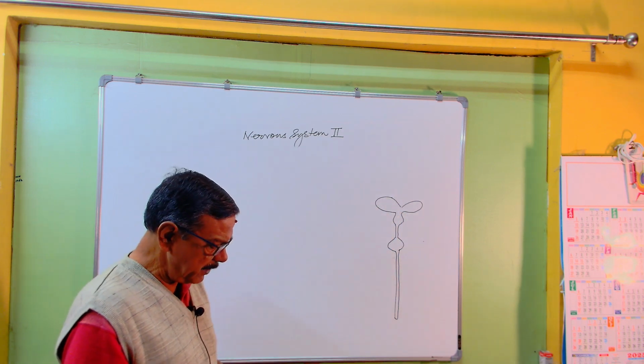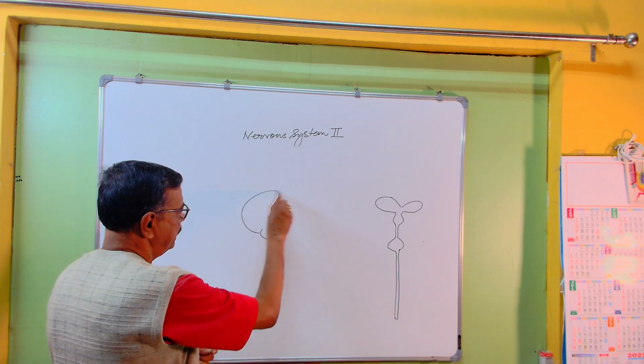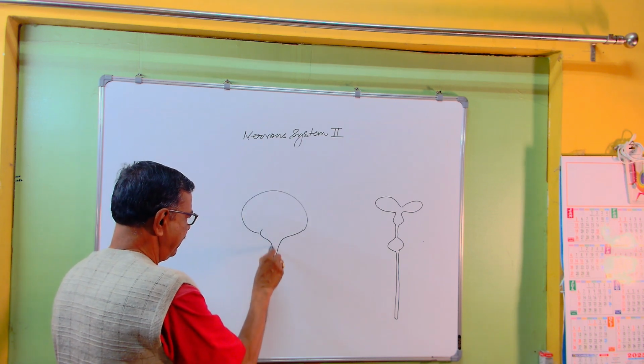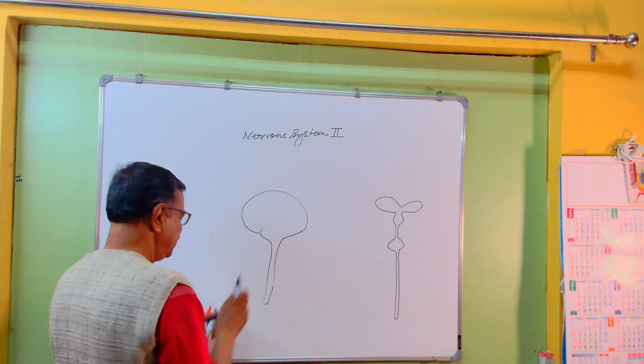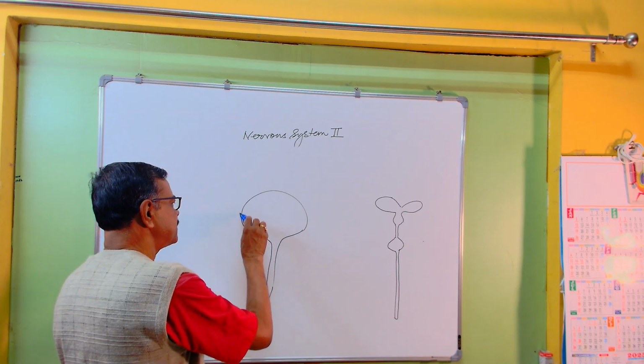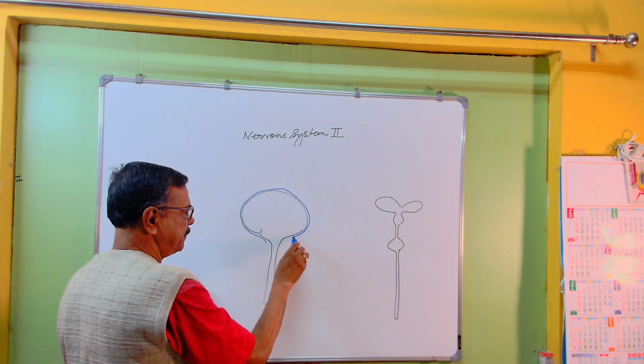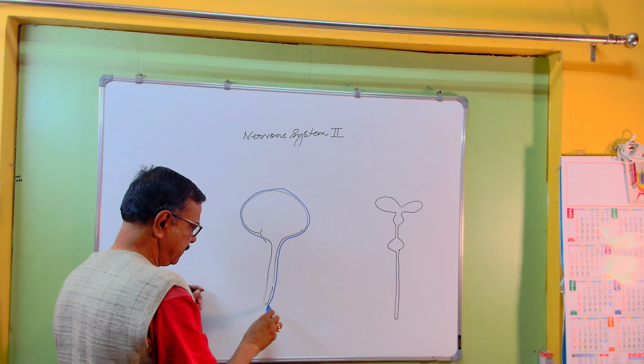The brain is covered with meninges. This is the brain, this is the spinal cord. This brain is covered by, first, the pia mater. Pia means soft matter.